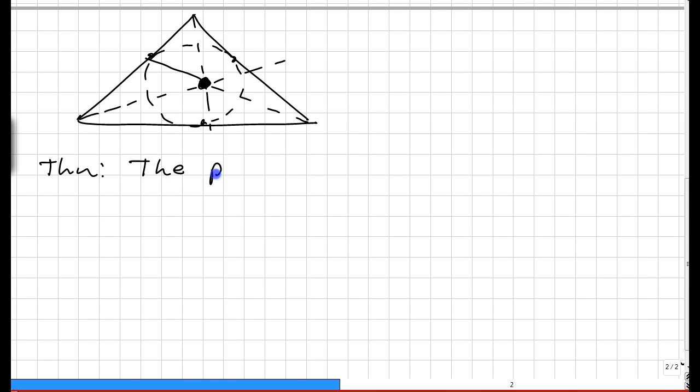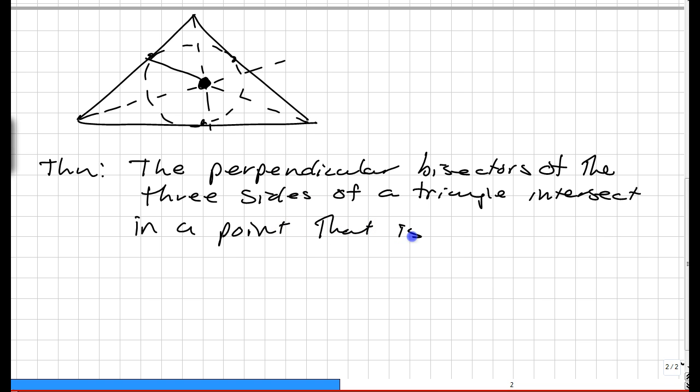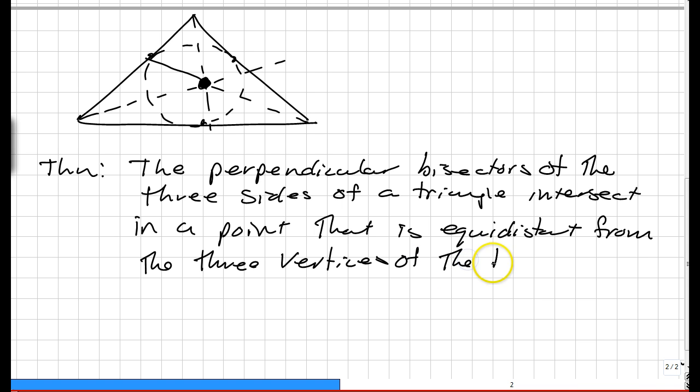So it says the perpendicular bisectors of the three sides of a triangle intersect in a point that is equidistant from the three vertices of the triangle. Okay.